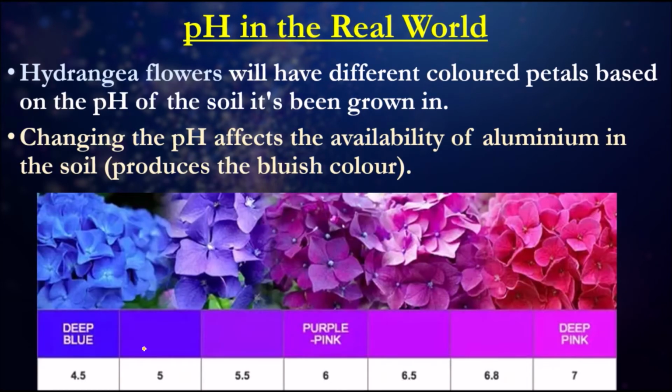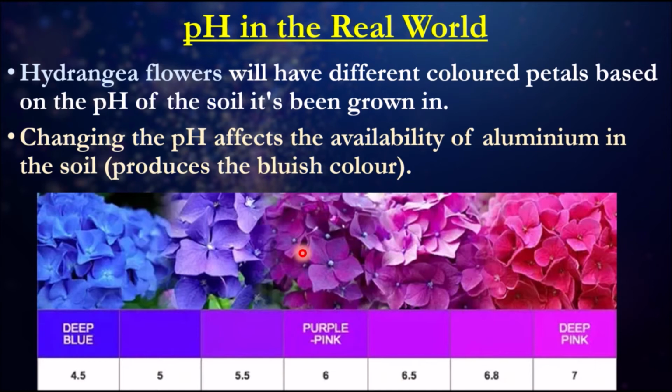Could we actually see indicators in real life? So what I'm trying to say is, could we tell if something is acidic or basic without using these fancy chemicals in the lab? And the actual answer is yes. If we look at hydrangea flowers, they give different colored petals depending on the pH of the soil.